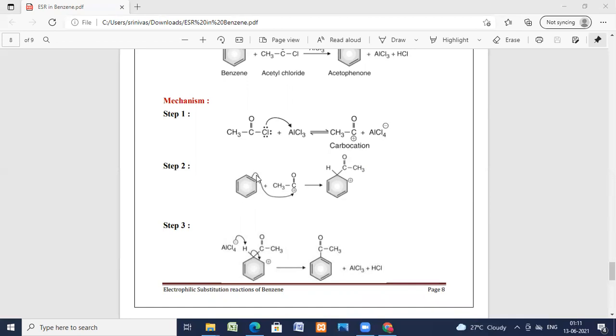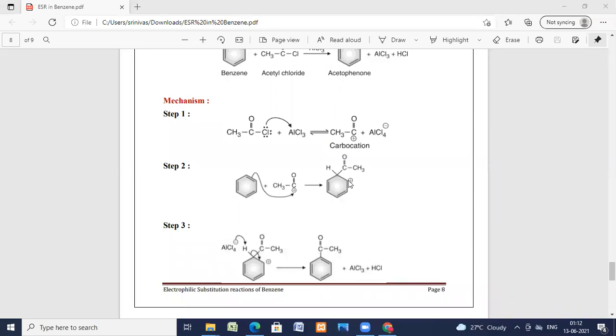Pi electrons shift towards the back carbon. It gets a minus charge, and this carbon gets a positive charge. And to the minus-charged carbon, the carbanion, the acetyl carbocation is attached. Thereby, the carbocation is formed.